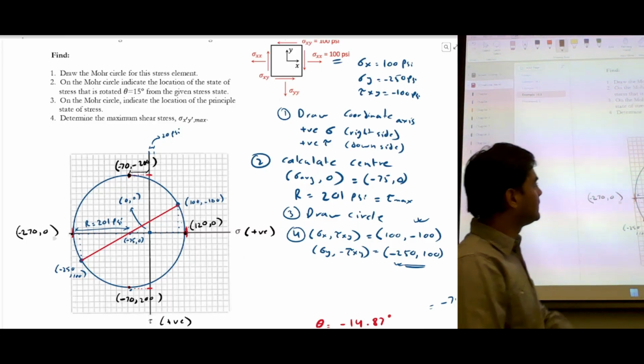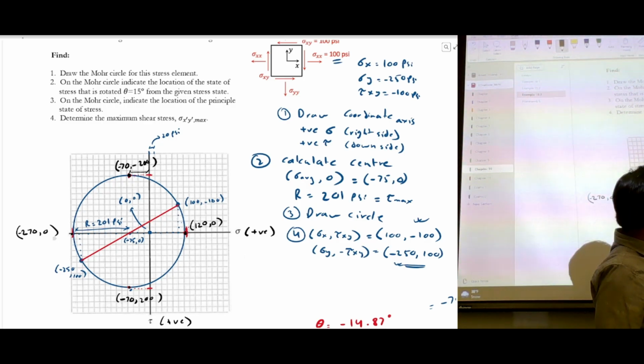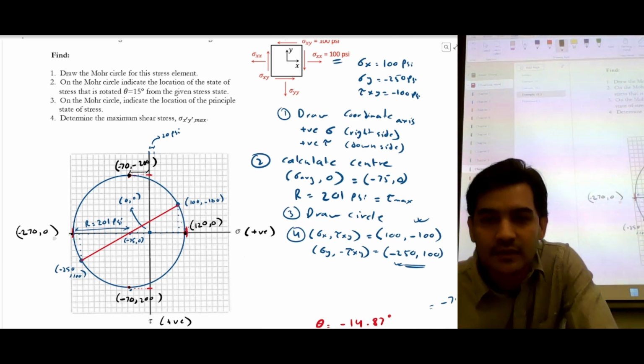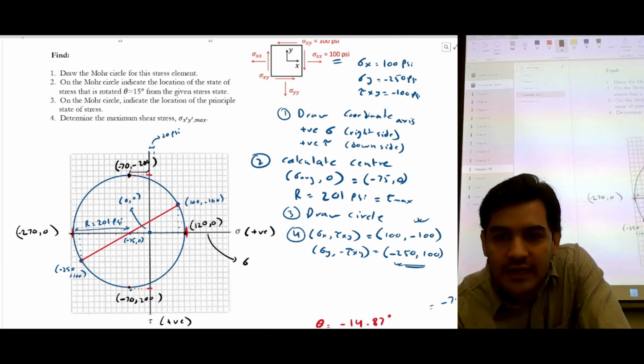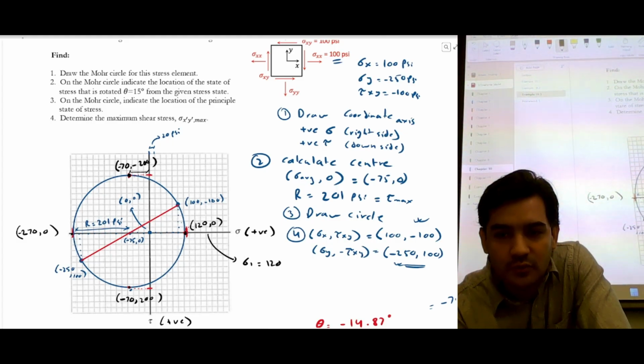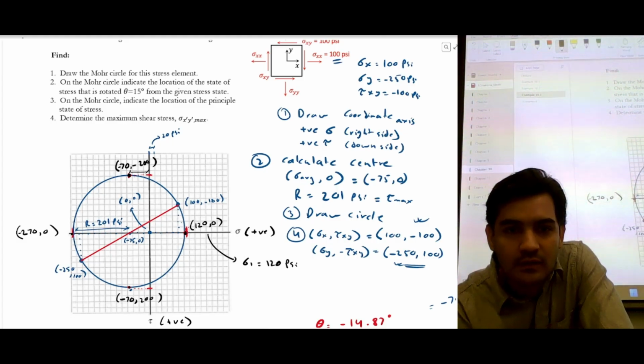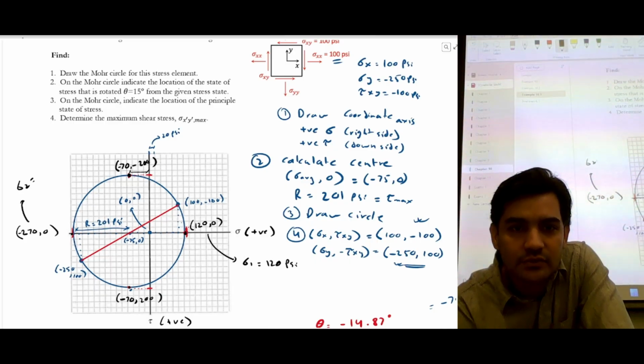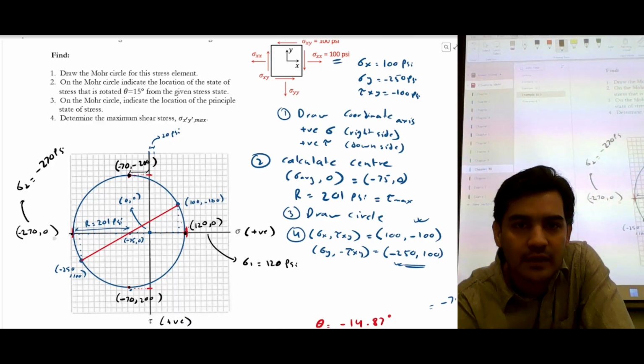So we can compare with what stresses we were getting. Did we get the maximum? So we can extract these also. Stress 1 is 120 PSI from the Mohr circle, and stress 2 is negative 270 PSI.